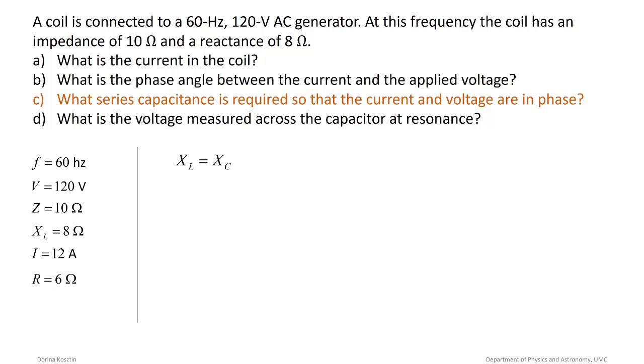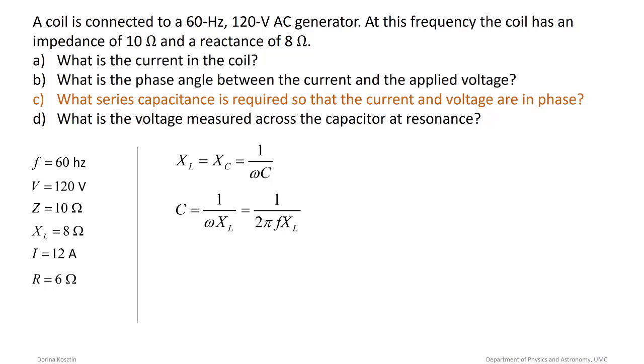Since we know the inductive reactance and we know that the capacitive reactance can be written as 1 over the angular frequency omega multiplied by the capacitance, we can find the capacitance as 1 over the angular frequency omega multiplied by the inductive reactance, XL. Don't forget that the angular frequency is related to the frequency of oscillation of the current in the circuit. Omega is nothing else than 2 pi times the frequency.